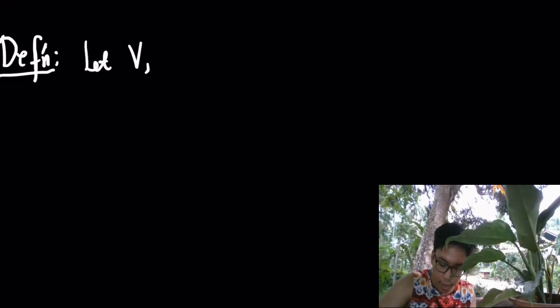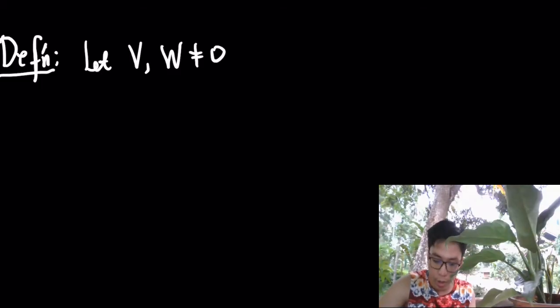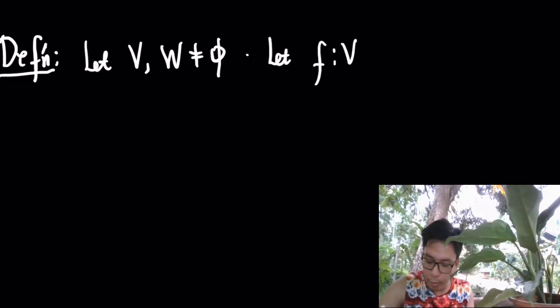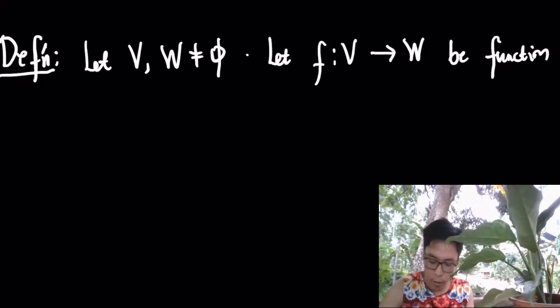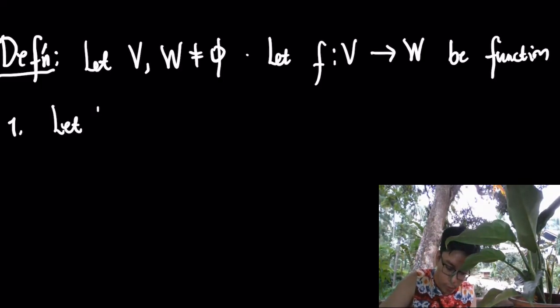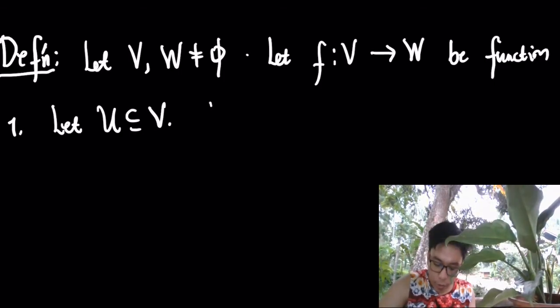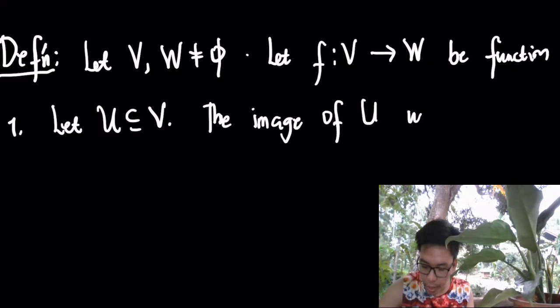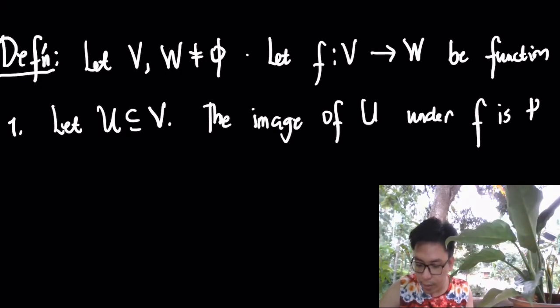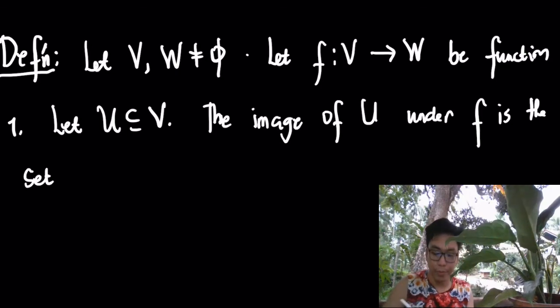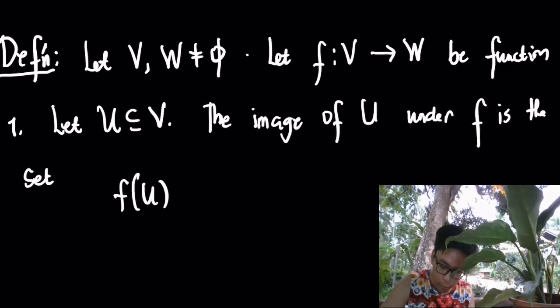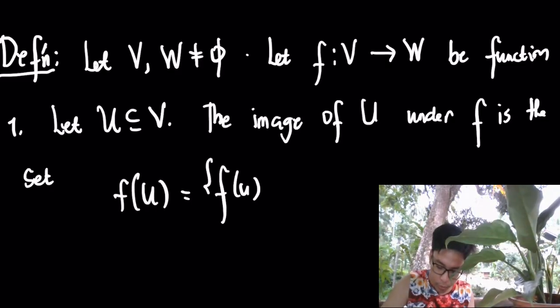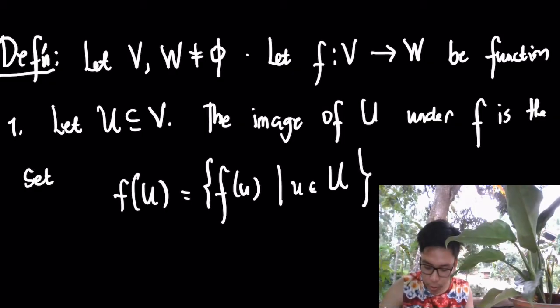Let V and W here be non-empty sets, and you have a function f from V to W. Number one, let U be a subset of V. So the image of U under f is the set f of U equals f of u, where your u here is coming from your U. So see the difference.